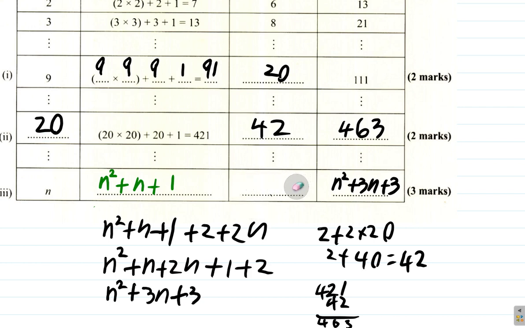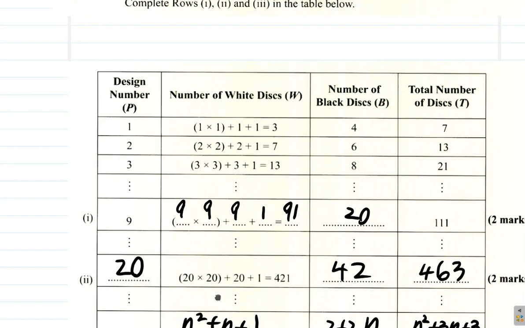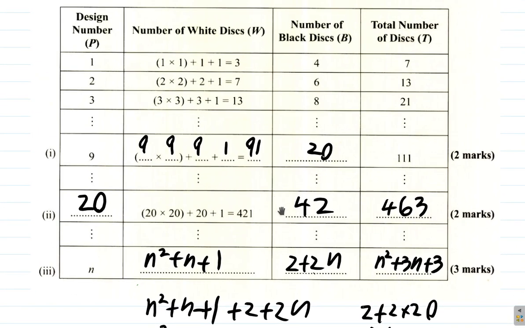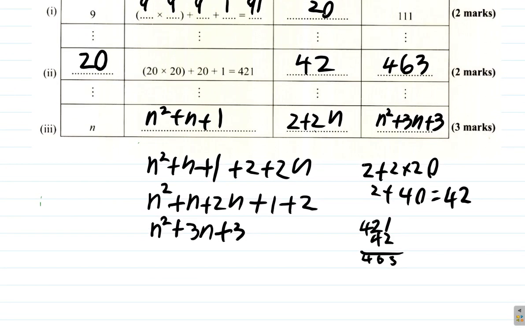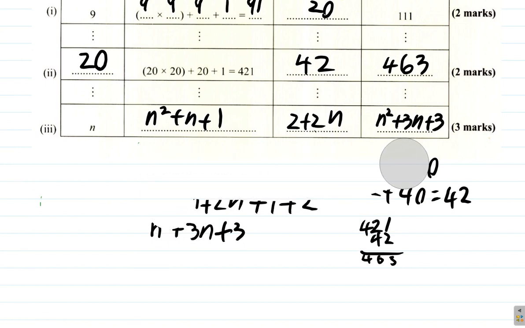2 plus 2n. So we have 2 plus 2n. n squared plus n plus 1. n squared plus n plus 1. All right. So, there you have it. All of that part is done. We just get rid of the rough work for now.